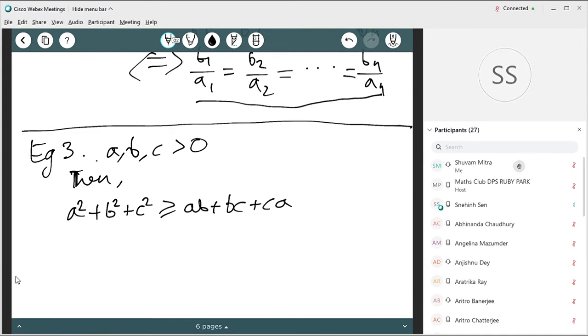You already know this inequality. I'll prove this using Cauchy-Schwarz. Actually, you can also generalize this, but let's just do it for positive reals. Saves us a lot of trouble.